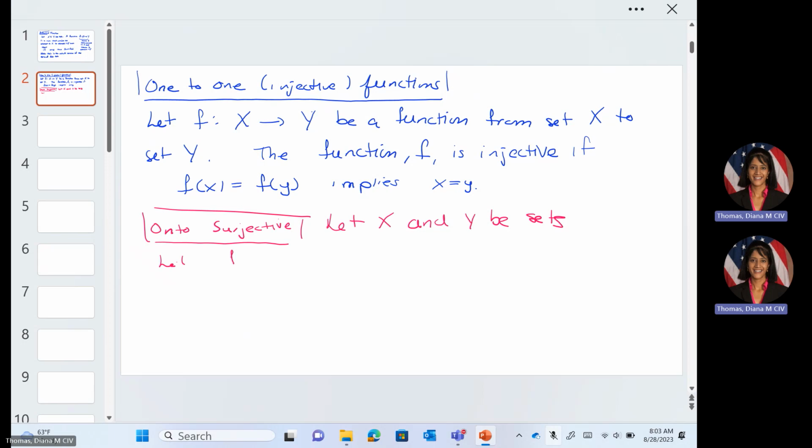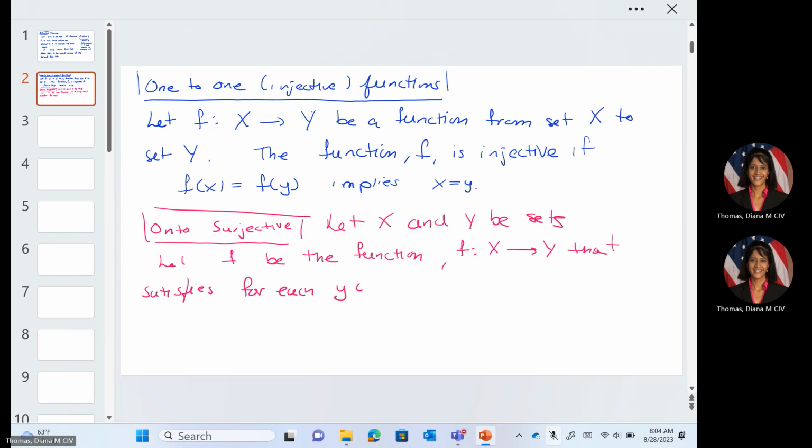This is the hardest one to understand. This one's harder to understand.